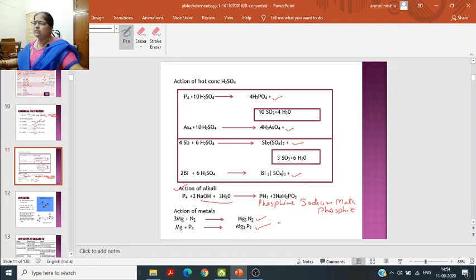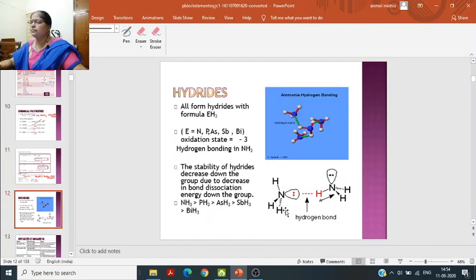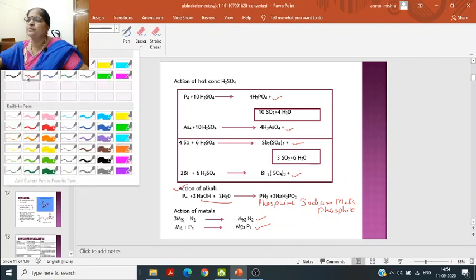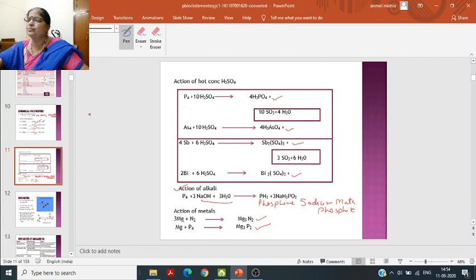Similarly, here we can also take the other metals. Once again, zinc plus antimony forms Zn3Sb2, which is called zinc antimonide.